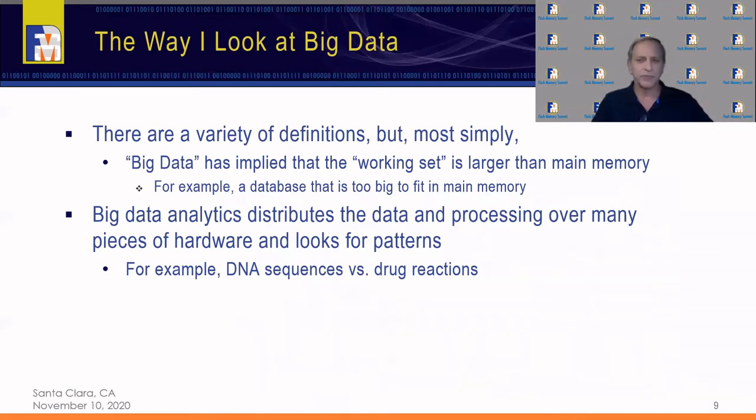So now let's answer the original question of what is big data. There are different definitions, but to me, big data is a data set that's too big to fit in your main memory. You have more data than you have DRAM. The typical way to deal with this is in the data center to divide up the data across multiple memories and the compute task among multiple processors.